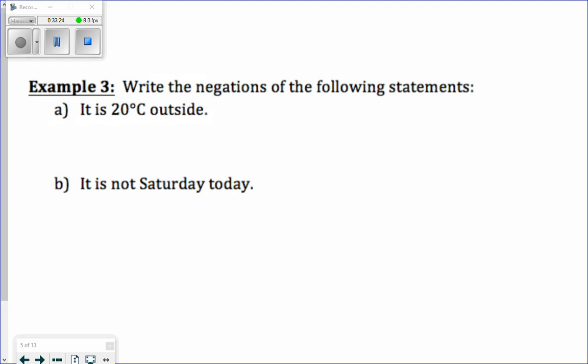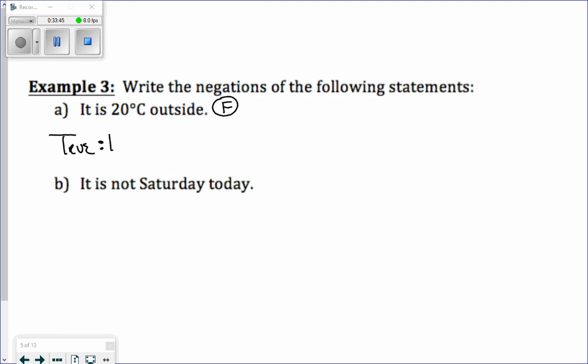Okay, write the negations of the following. So again, you can use the word not or not, I guess it's up to you. So it is 20 degrees Celsius outside. So right now that is false, right? It's cold. So what would be a statement that's on the same topic, but it must be true?